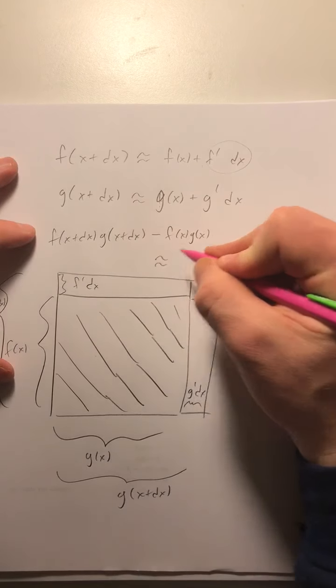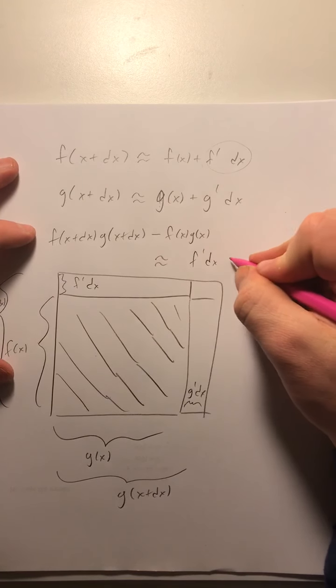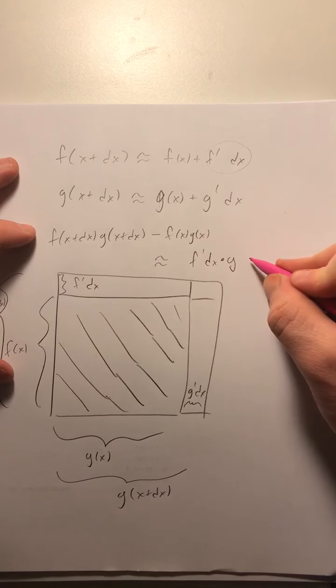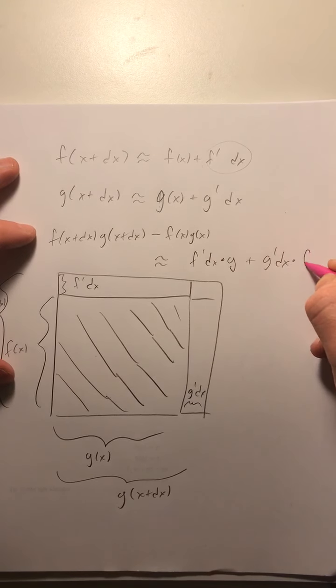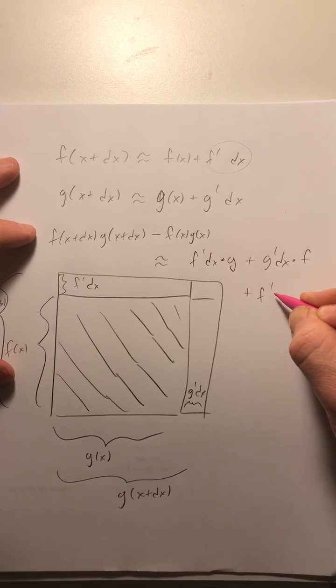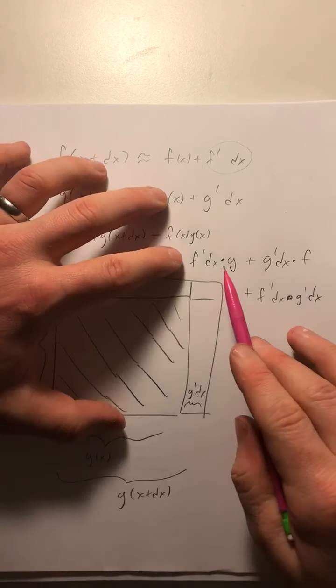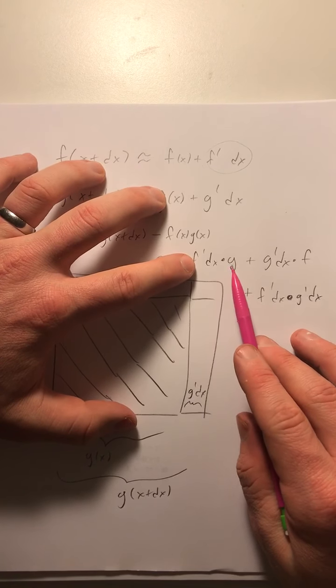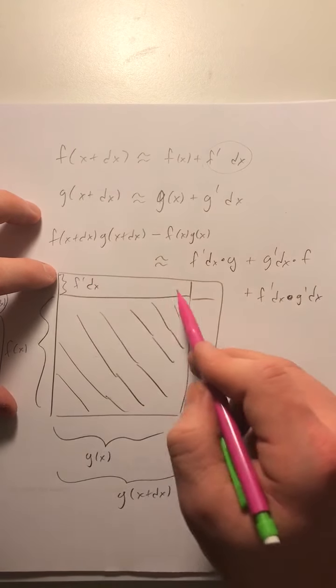Okay. So this is about f prime dx times g, plus, say, g prime dx times f, plus f prime dx times g prime dx. Right? So this f prime dx times g is the area of this top rectangle up here.